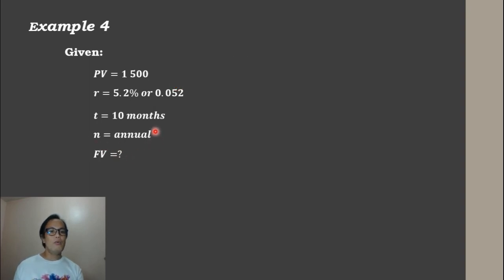Now since it is annual, once a year, we will be using this formula, the shorter one. So FV, or the future value, is equal to P, which is the present value which is given, times 1 plus the R, which is 0.052, raised to T, which is 10 months. Now how do we convert 10 months to years, since we cannot substitute 10 months into the formula because this is in months, and in the formula, our T is in years?